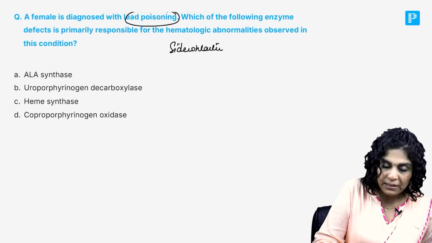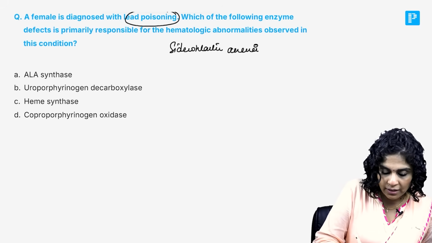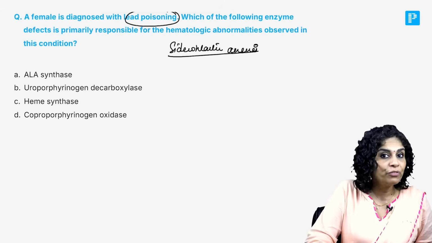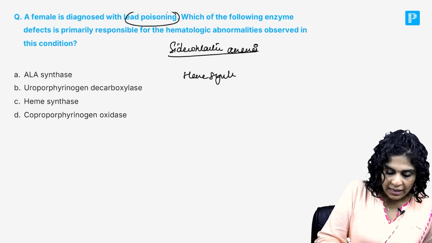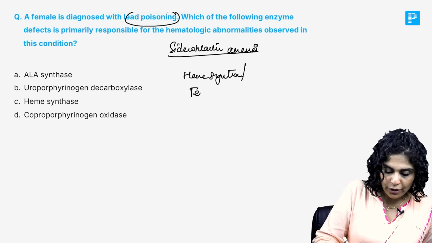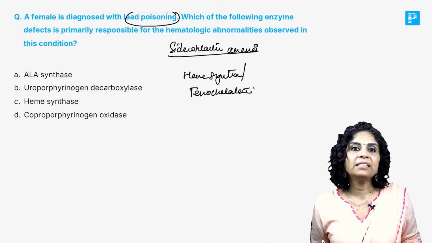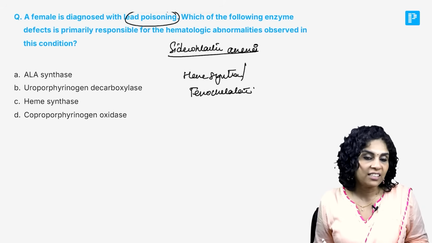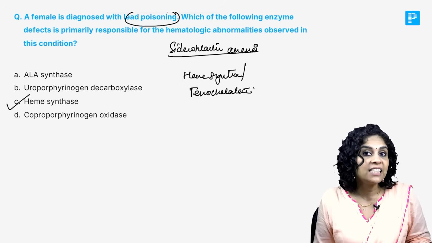Please remember this is primarily because it inhibits the last enzyme of heme synthesis, which is heme synthase, also called ferrochelatase. So what is the right answer here? The right answer here is choice C.